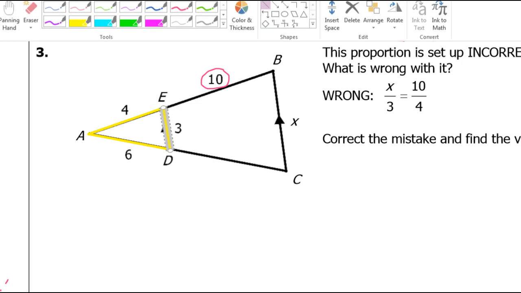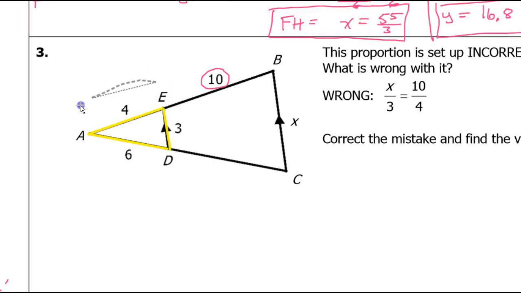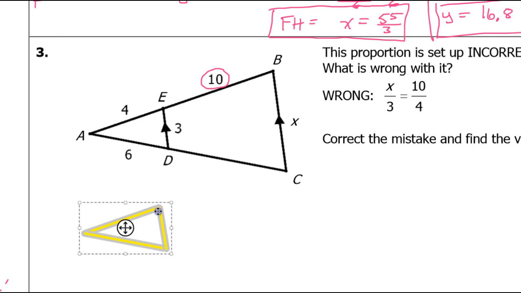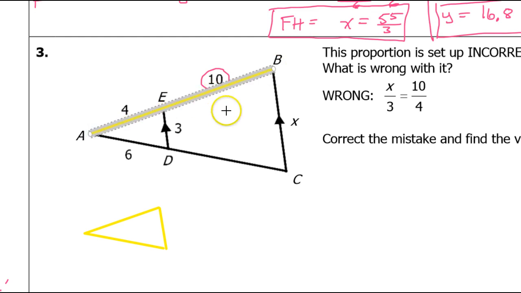Okay, so here is the small triangle. Let's see. And now here comes the large triangle. Okay, let's do a different color this time.